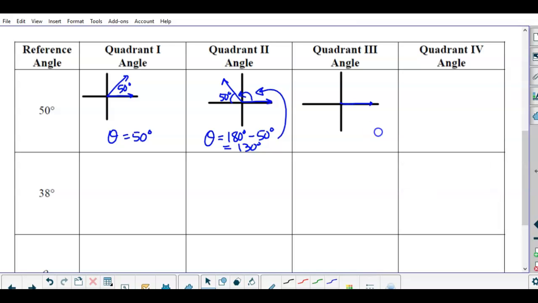If we've got a quadrant 3 angle with a reference of 50, then it's got to be in the third quadrant. Okay, so this is 50 degrees. So what's the angle from here to here? It's 180 plus 50 is 230 degrees.